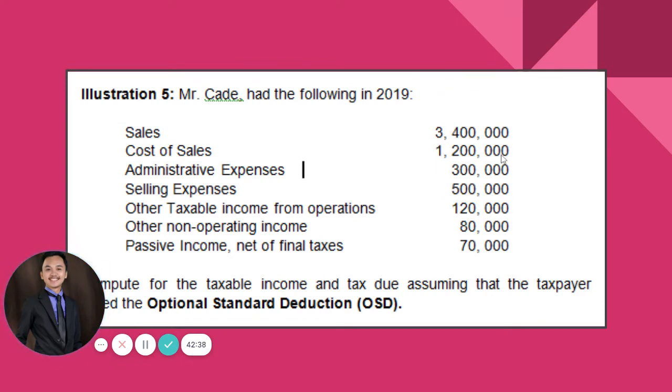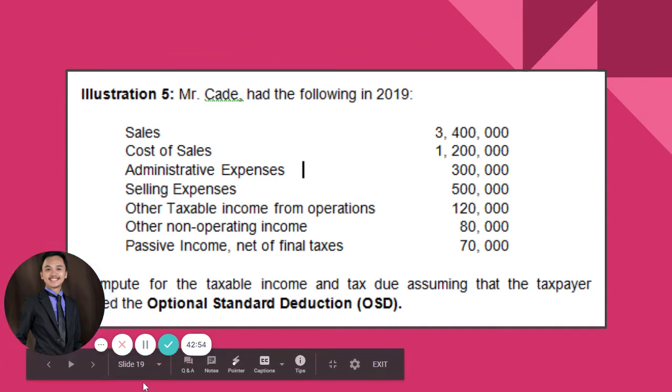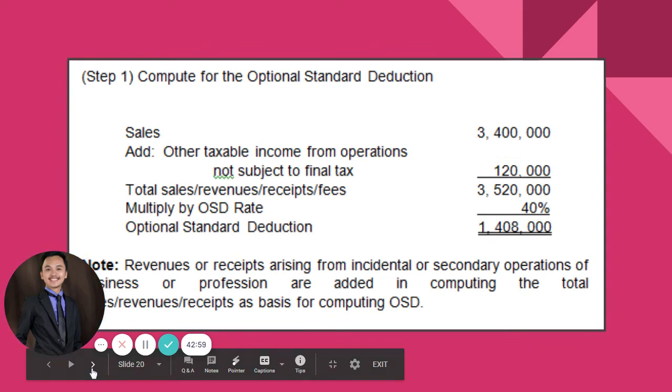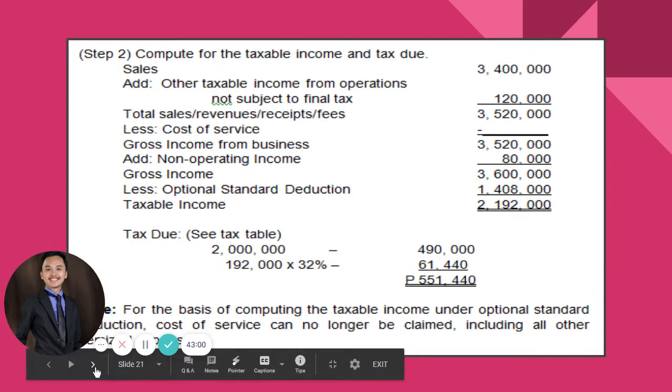So these will be your deductions to be made. Okay? So 3.4 plus 120 plus 80 minus all of these, 1.2, 300, and 500 to compute your taxable income. So you try to compute. Whichever has the lower tax due will be chosen, because the tax due payable by the taxpayer is lesser.